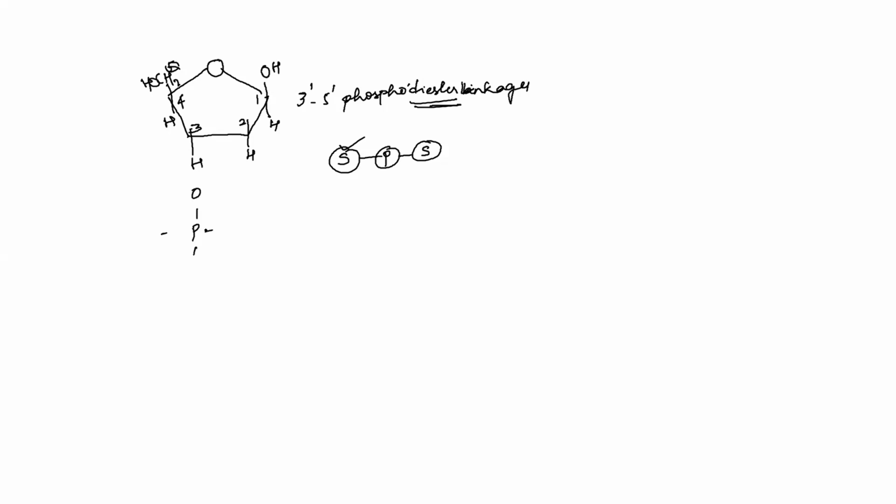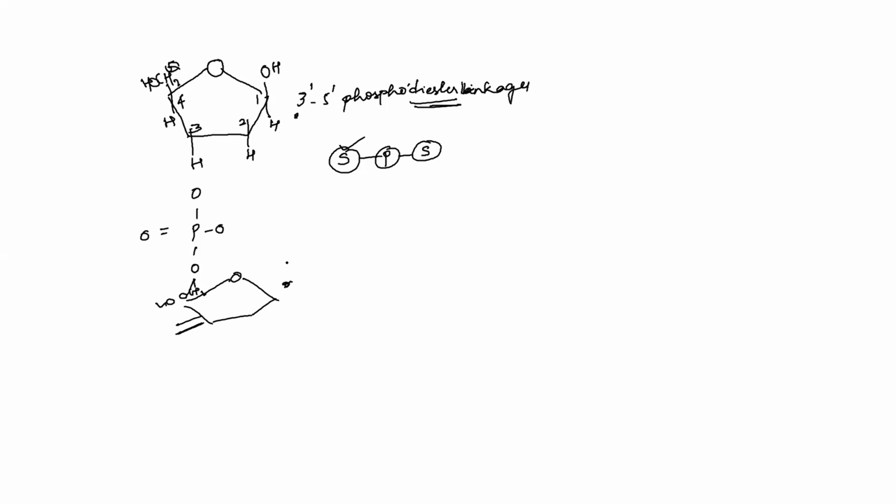Now this will be connected to the fifth position of the sugar, that is, connected to the CH2. This is how it will bond, that is, the two sugars will be bonded to the phosphate group.